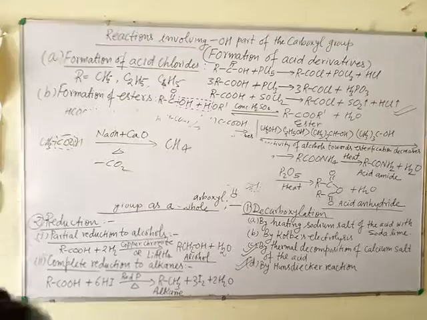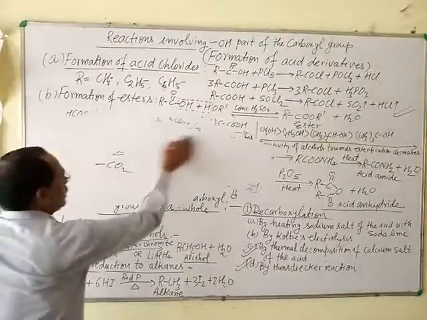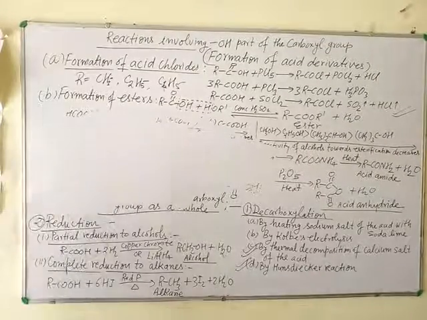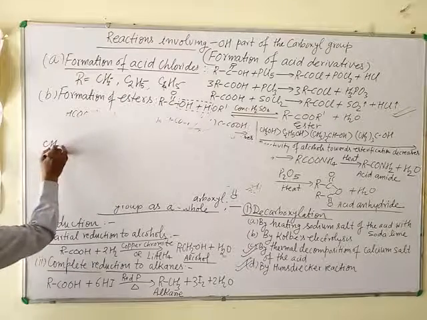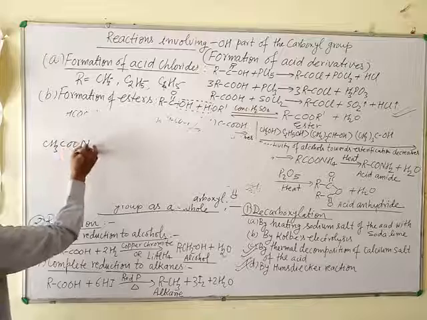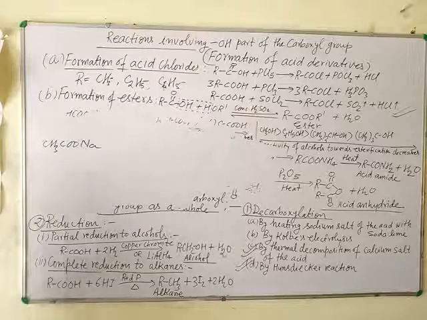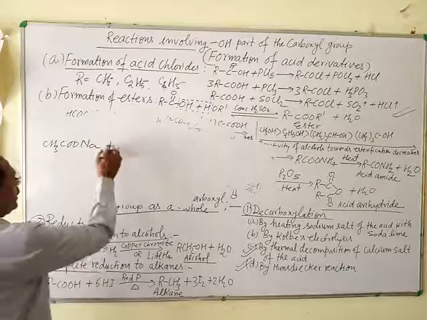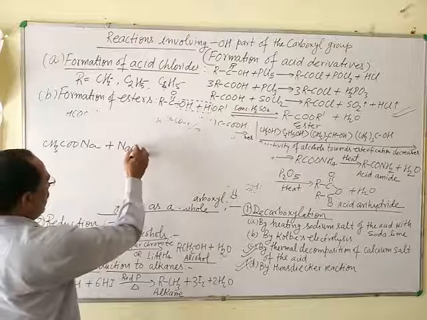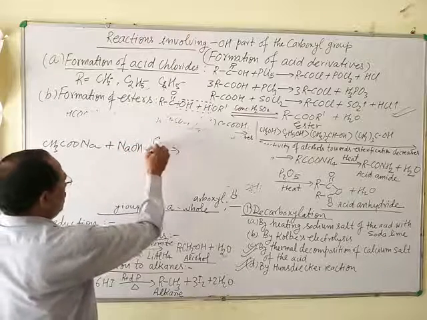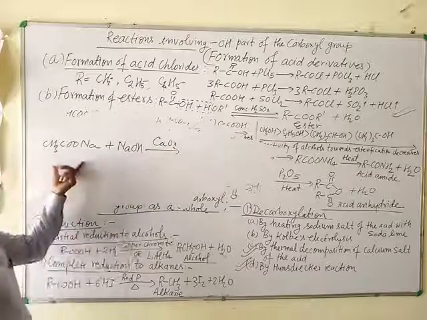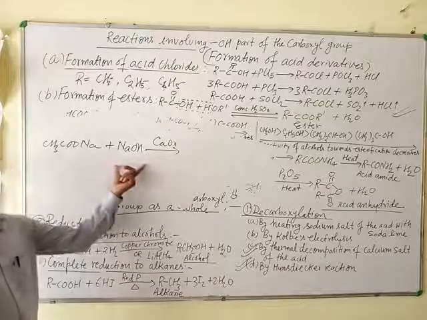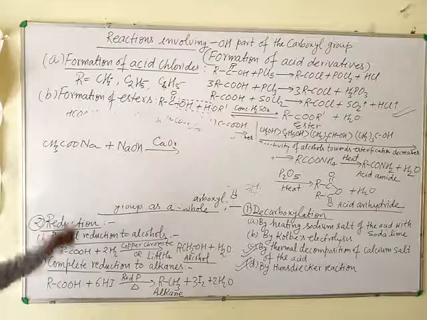When the sodium salt of carboxylic acid is heated with soda lime, the reaction takes place as follows: CH3COONa, this is sodium acetate. When it is heated with soda lime, NaOH plus CaO, this is the method of writing the chemical equation in this case.